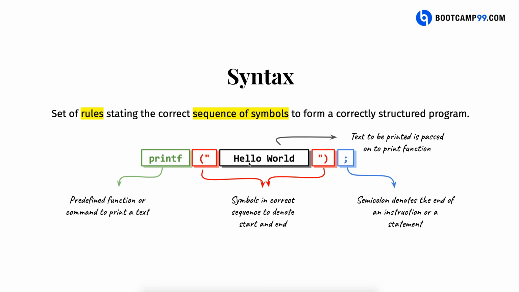And you put the string what you want to print in between these two, and then every line you need to terminate with a semicolon. So this is pretty standard and you need to follow this. The C compiler can understand only if you put it in this way.